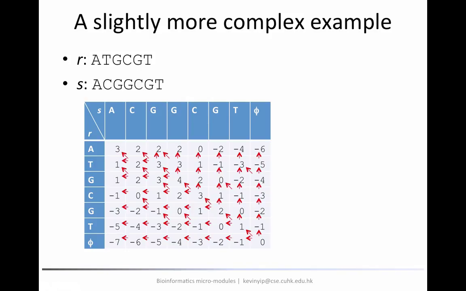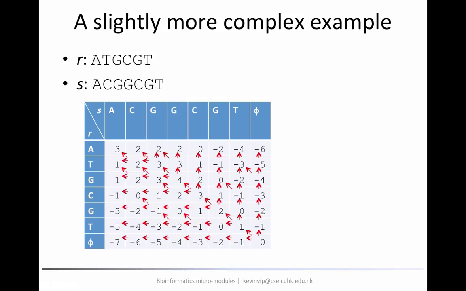In this case, we're trying to align 2 sequences, R, which is ATGCGT, with S, which is ACGGCGT. We're still using the very simple scoring scheme, where every match has a score of 1 and every mismatch or indel has a score of -1.